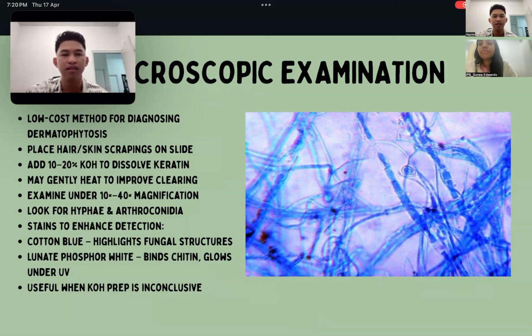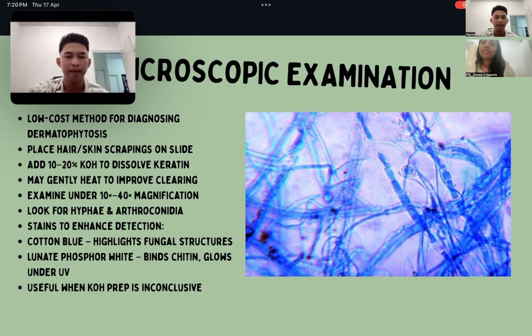The slide is then checked for hyphae and also arthroconidia using the microscope at 10 to 40 times magnification. Fungus detection can often be enhanced with different stains, such as cotton blue, which is known to mark fungal structures, and calcofluor white stain, which attaches to the fungal chitin, increasing visibility when viewed under UV light.